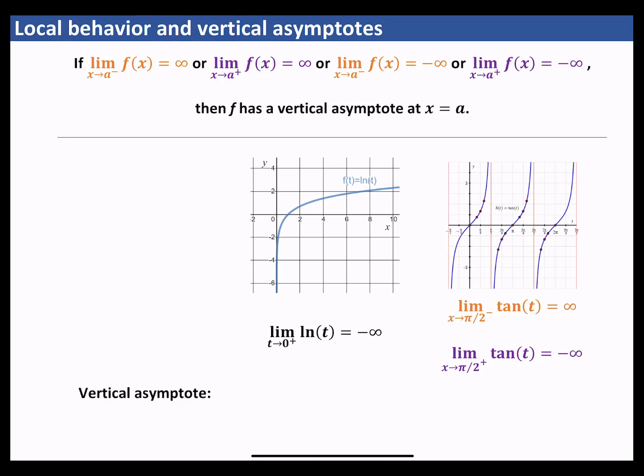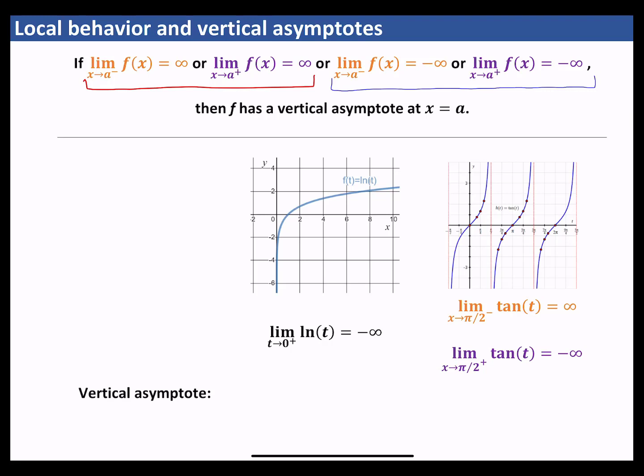In fact, if the limit of f of x as x approaches a from the left equals infinity, or the limit of f of x as x approaches a from the right equals infinity, or alternatively, if the limit of f of x as x approaches a from the left equals negative infinity, or the limit of f of x as x approaches a from the right equals negative infinity, then f will have a vertical asymptote at x equals a.